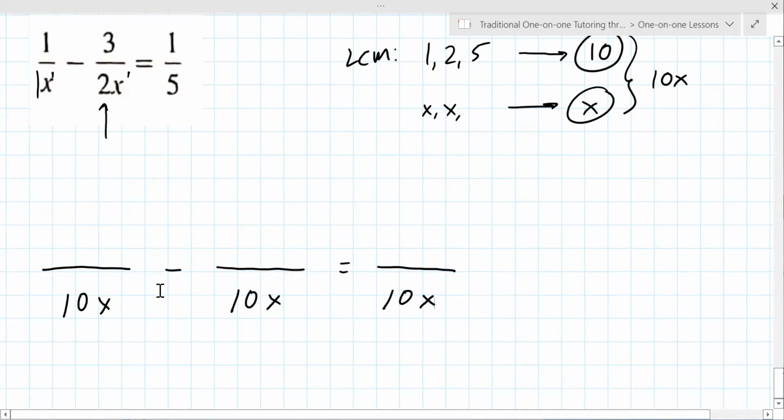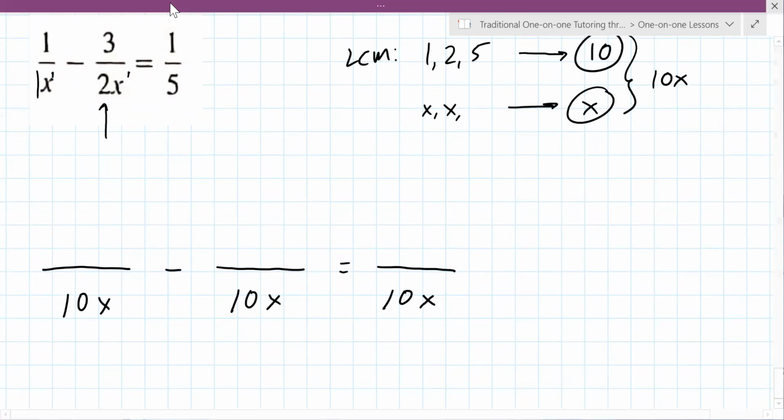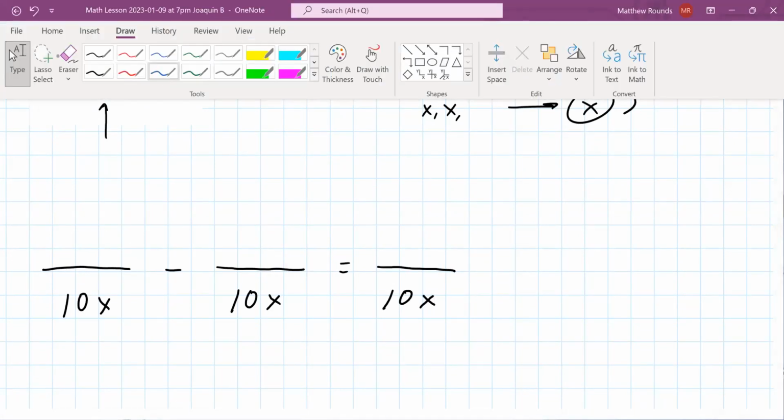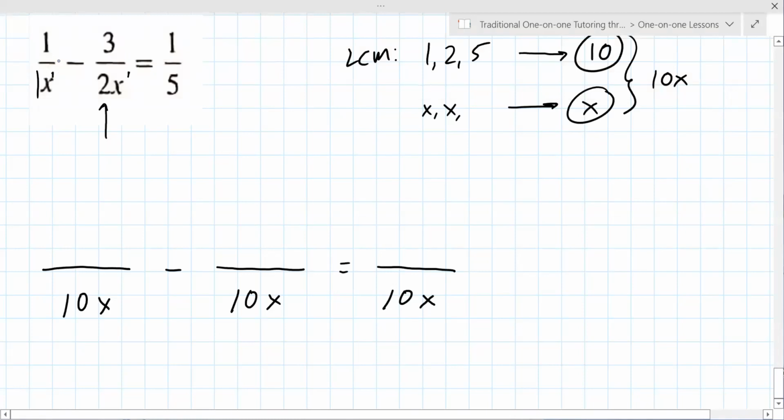Rather than writing what you multiply it by, after you've seen this a few times you might realize, oh, I'm just multiplying the top and bottom by 10. So you can just put that result down here. You don't even have to show this as long as you get the right thing in the top. The next one's a little bit harder. How do you go from 2x to 10x?